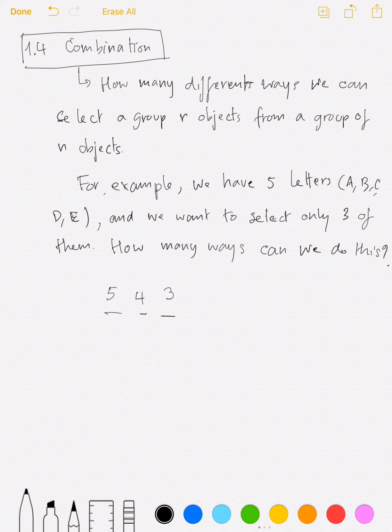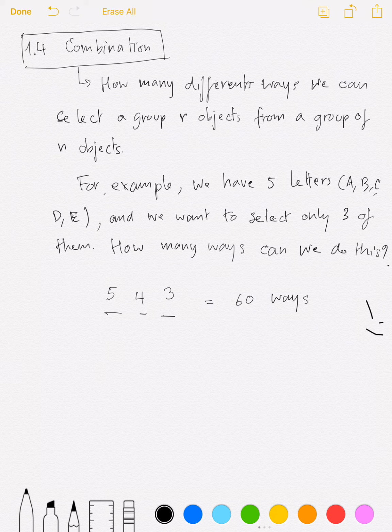If you calculate this, it would be 60 ways.